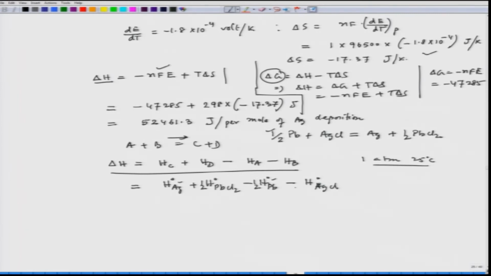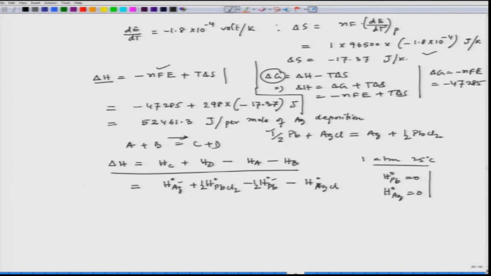So, this superscript 0 I am putting because those are standard values, and as per convention, a pure metal in its stable condition, which is solid in the case of Pb as well as Ag at 298 Kelvin and 1 atmosphere pressure, is going to be 0. So, this is a convention.